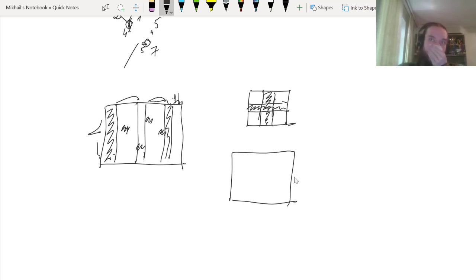So let's look at a final configuration, and let's look at all the unbroken rows and unbroken columns. If there are no unbroken rows and unbroken columns, then no operations could be made, and the only case when that could happen is if the state is the initial one, right?